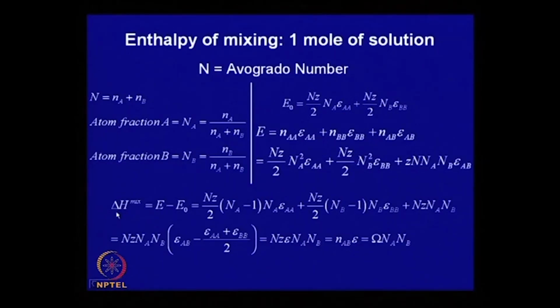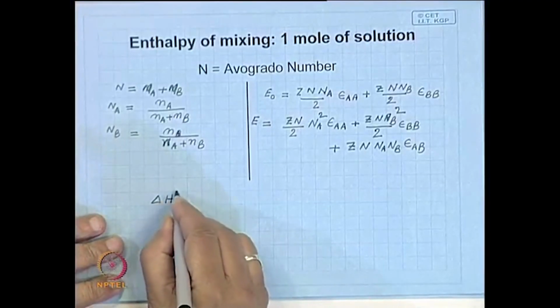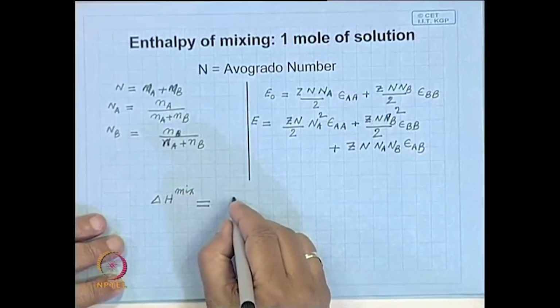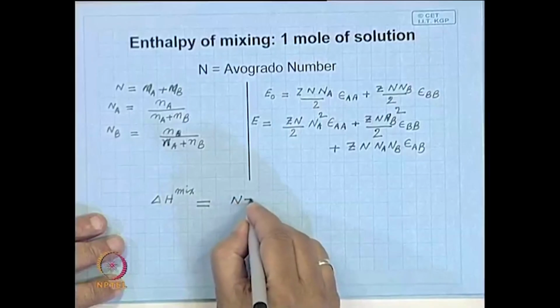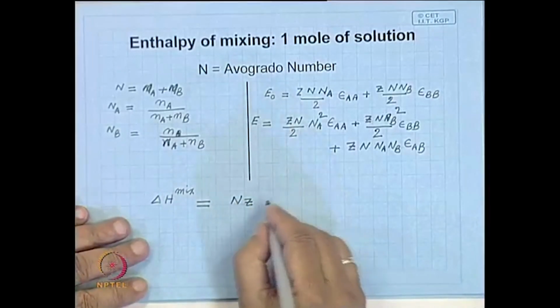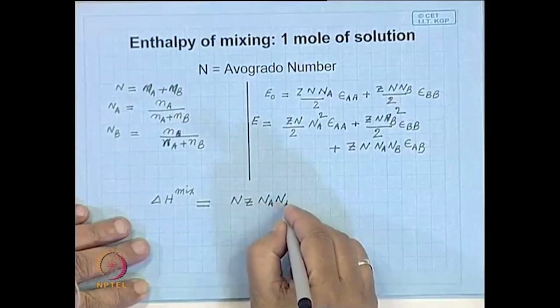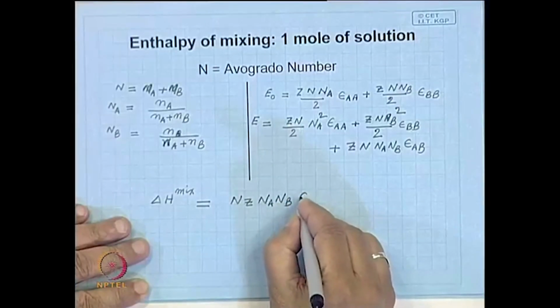Now, when you mix, the net energy change, the enthalpy of mixing, will be given by E minus E naught. With a little simplification, you will be able to show that the enthalpy of mixing is equal to the Avogadro number times the coordination number, then Na Nb, and there is an energy term.